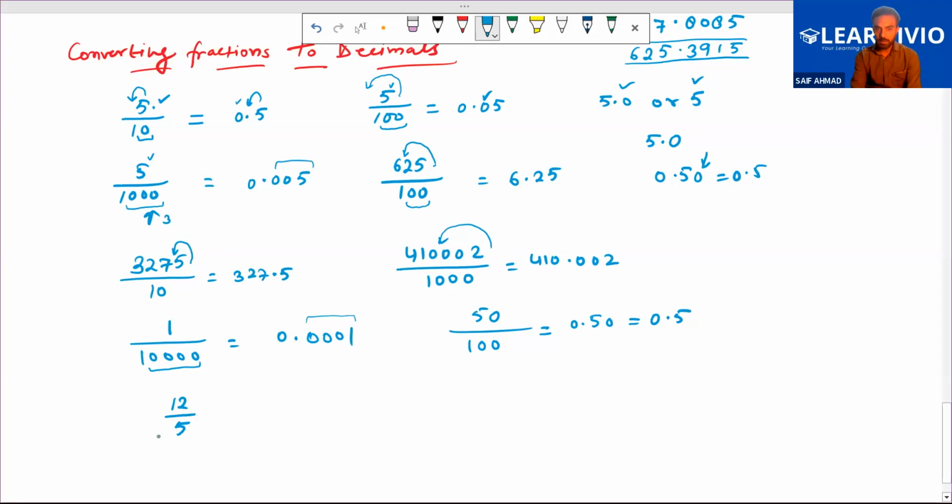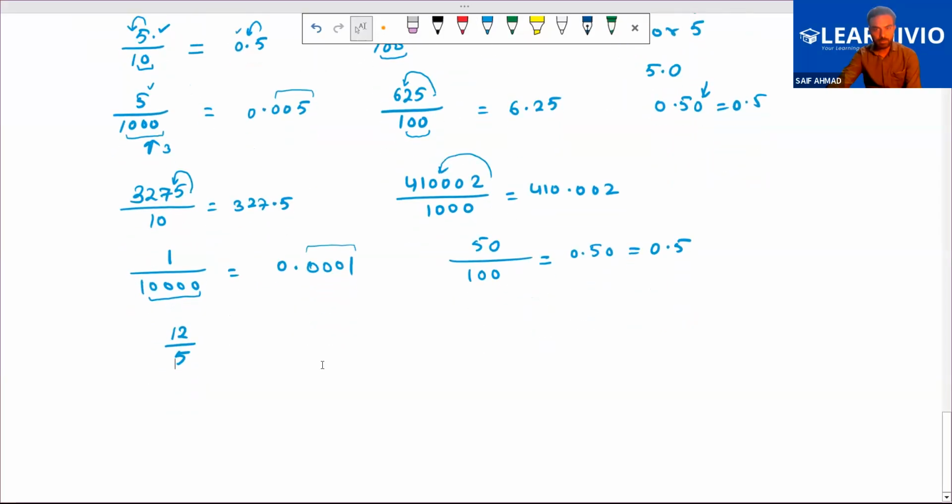You can make 5 into 10 by multiplying by 2 in the denominator and the numerator. And the second way is you can divide 12 by 5 directly. I'm showing both of the ways.